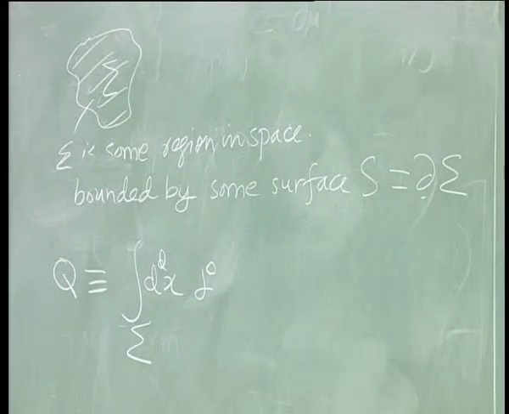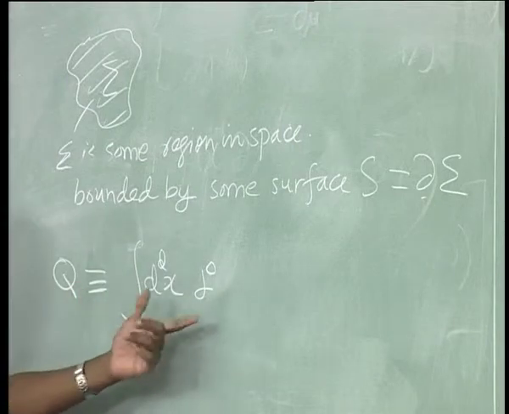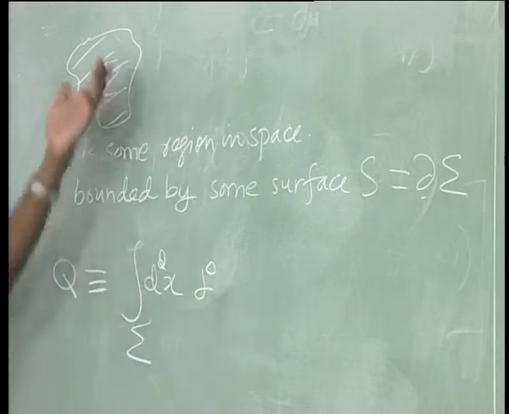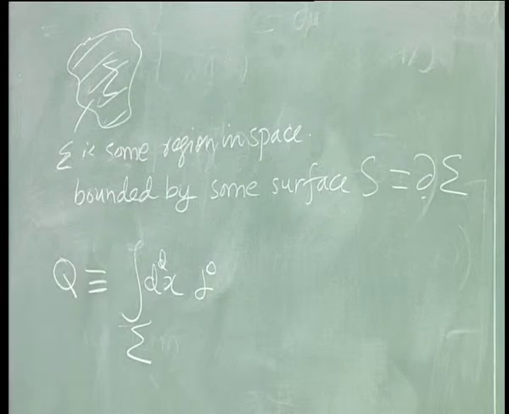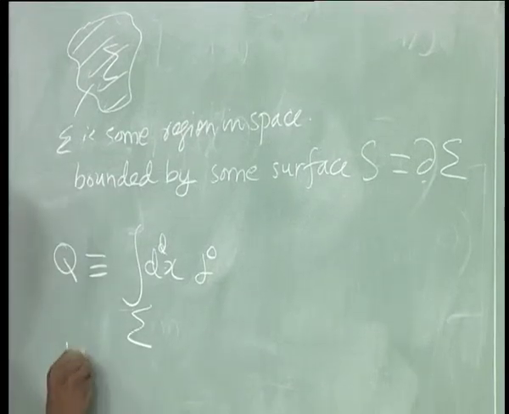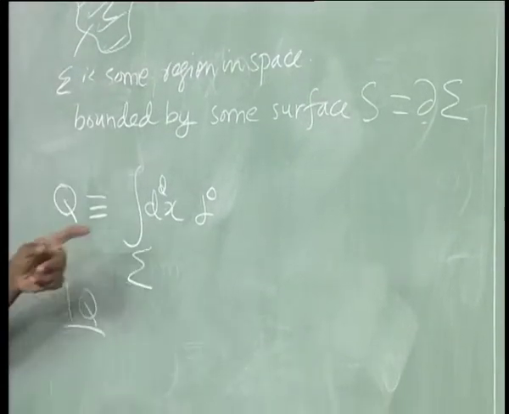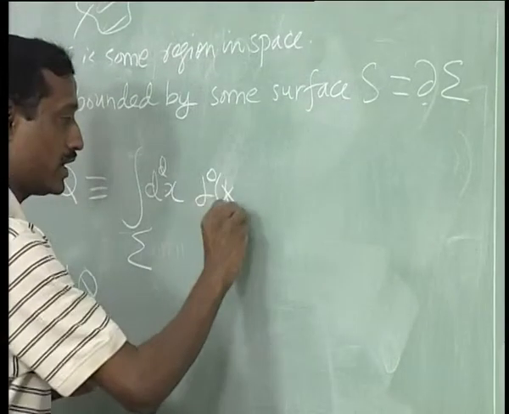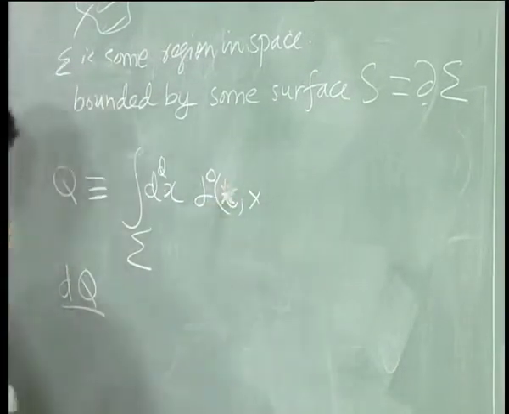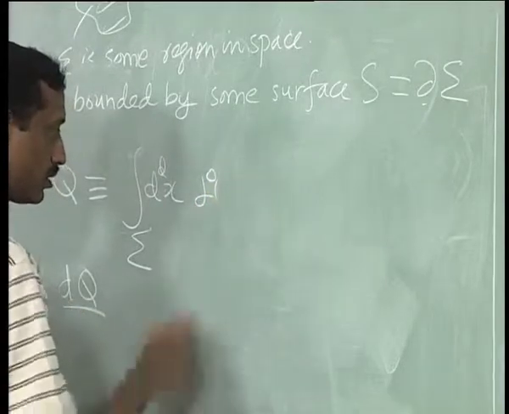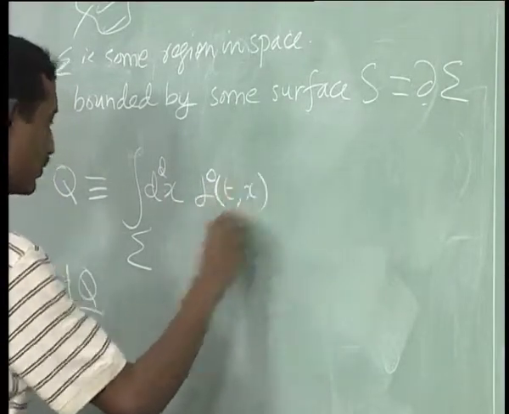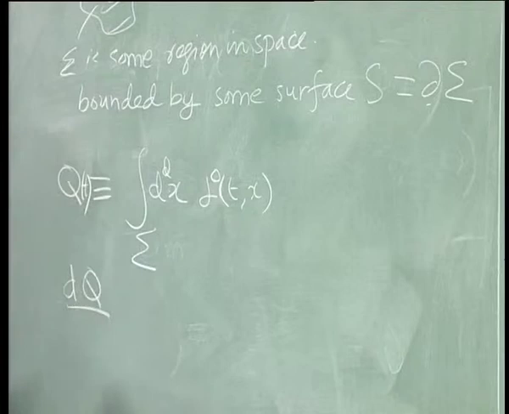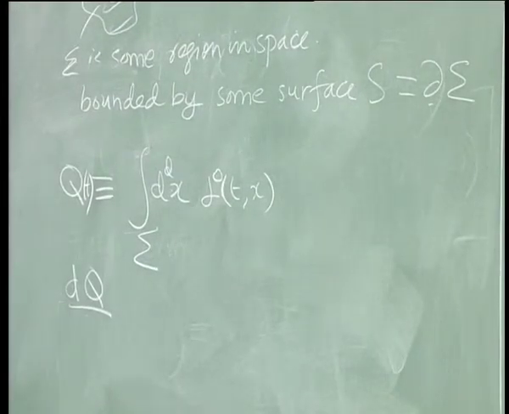If you ask how it changes with time, note that even though J0 is a function of t and x, this is only a function of t, because you are integrating out all the x dependence.